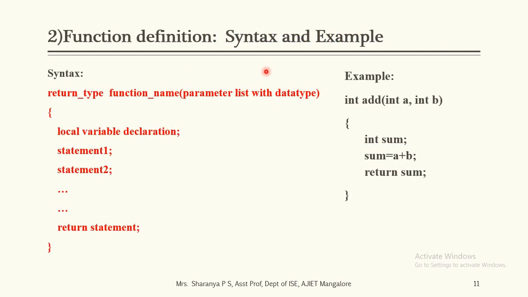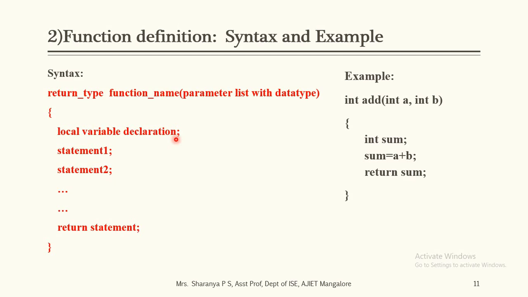Now we'll see the syntax and how we use it. First, this is what we call the actual function definition. In simple terms, we are actually defining the function. What will it contain? It will contain the return type, the function name and the parameter list with data types. Inside that we may use some local variable declarations. What is a local variable?